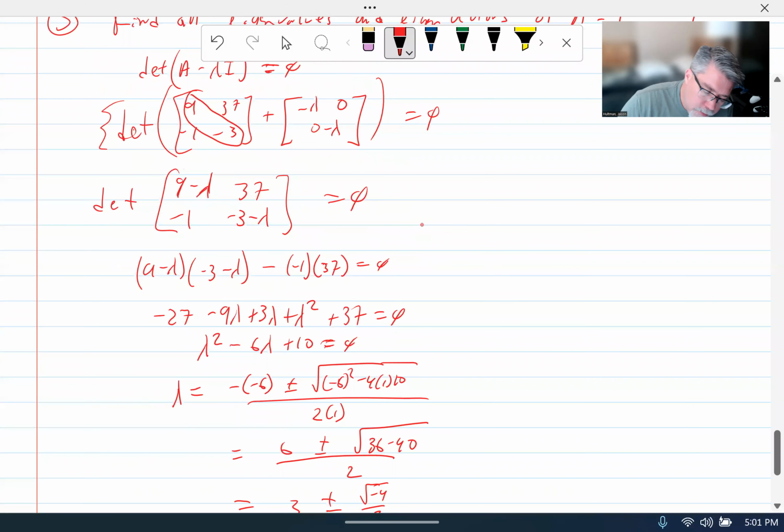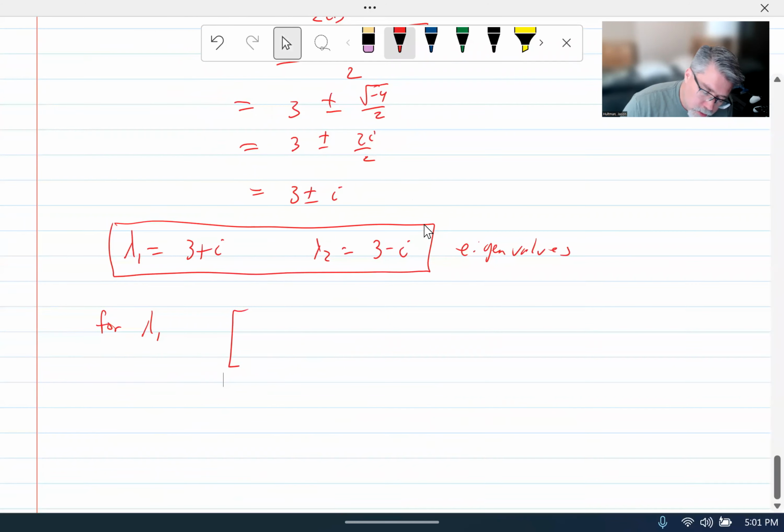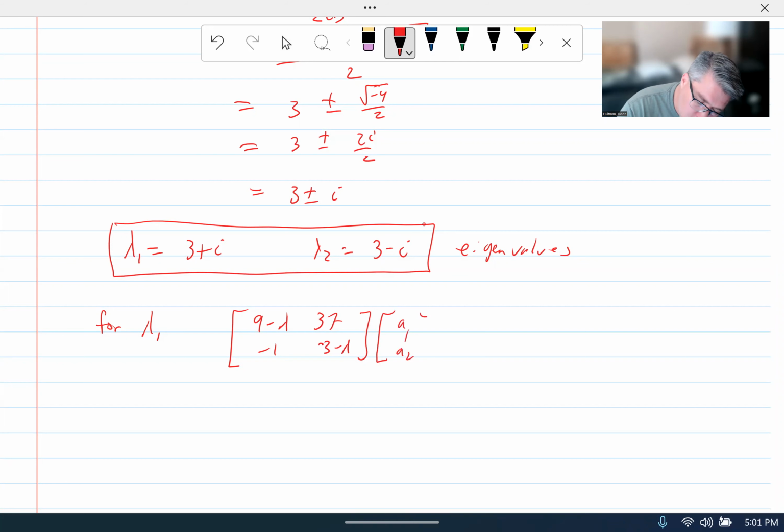It was 9 minus lambda, 37, negative 1, and negative 3 minus lambda. I want to multiply that times (a1, a2), and that's going to give me (0, 0).